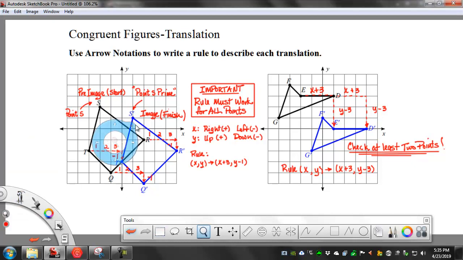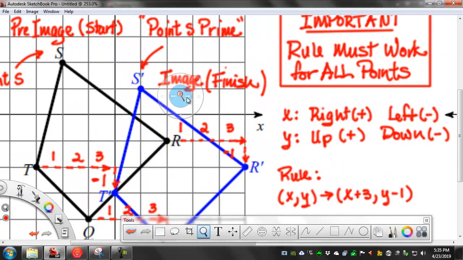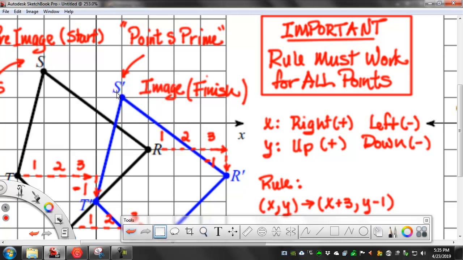Let me zoom in here for a minute so you can see where we get the prime mark from. There's a little tiny apostrophe, like an apostrophe S right here, a little tick mark on the S. That's what we mean by a prime.